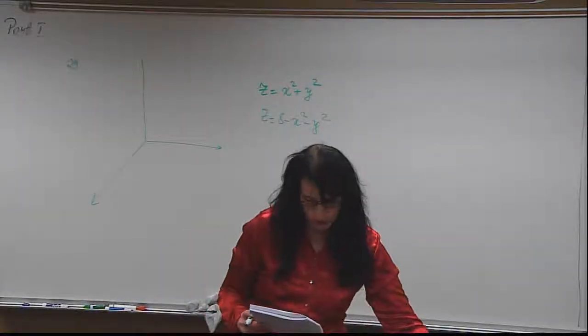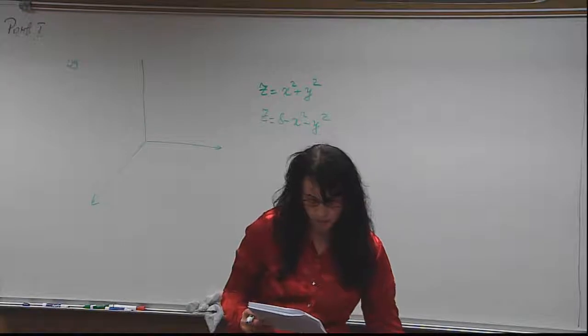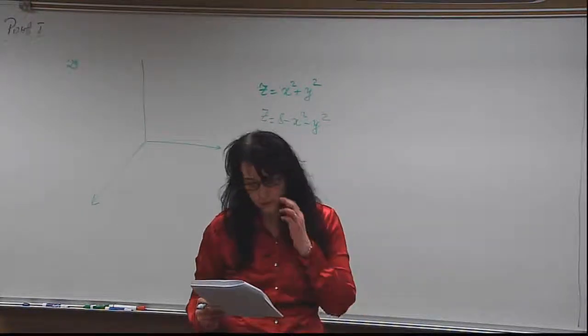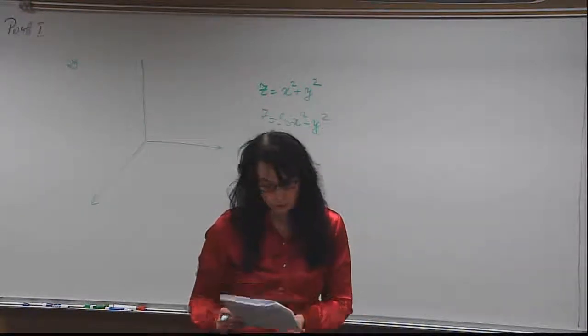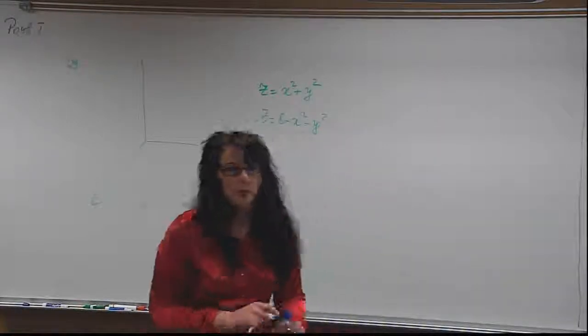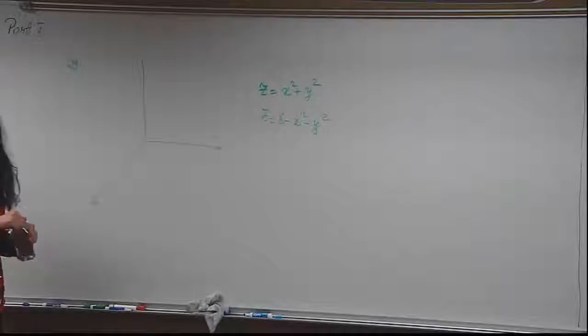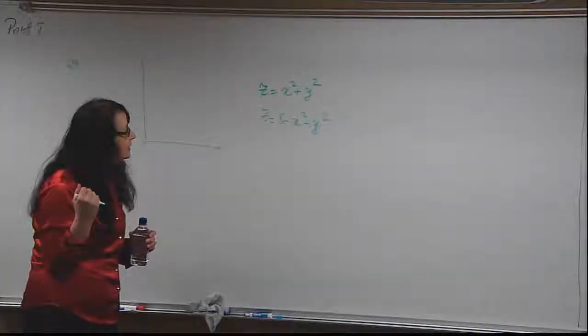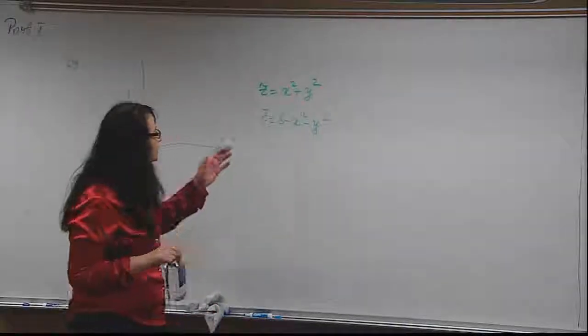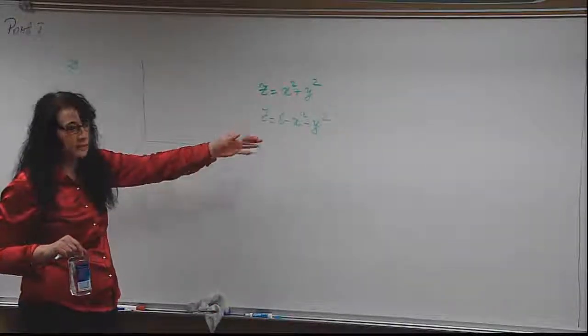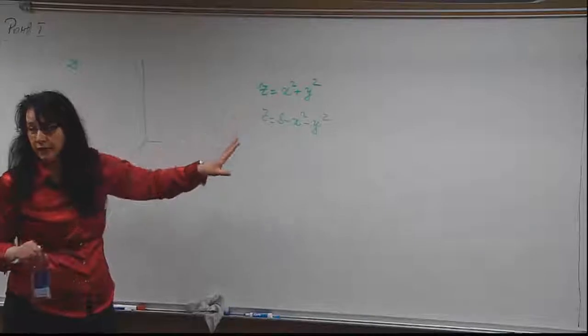Find the volume of the solid enclosed by the two paraboloids. Oh my God, how am I going to do that? Draw the picture, don't be lazy, because if you don't, it's never going to happen.